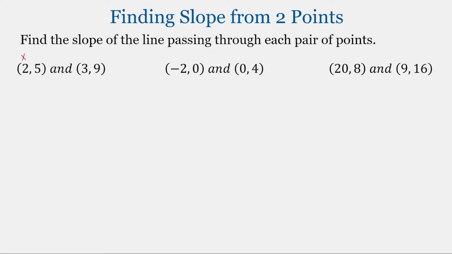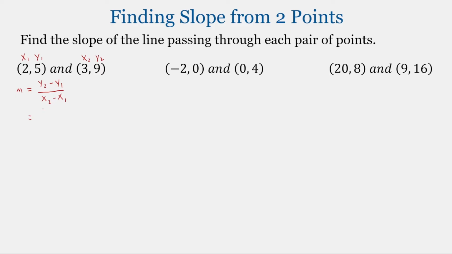So this is x sub 1, this is y sub 1, and then we have x sub 2 and y sub 2. And our formula is the slope m equal to y sub 2 minus y sub 1 all over x sub 2 minus x sub 1. Again, I'm going to rewrite this formula each time because it really helps me remember the formula and to make sure I'm evaluating at the correct points.